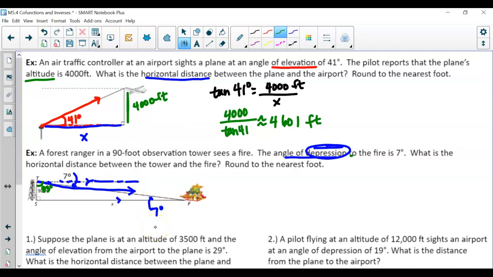What is the horizontal distance? So what is the horizontal distance? This is our X. Now keep in mind, we did have the 90 feet here. So this is our 90. So let's go ahead using 7 degrees. Do we have the hypotenuse?